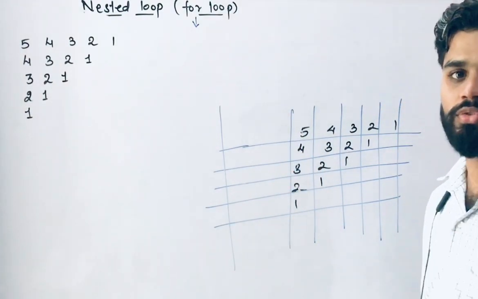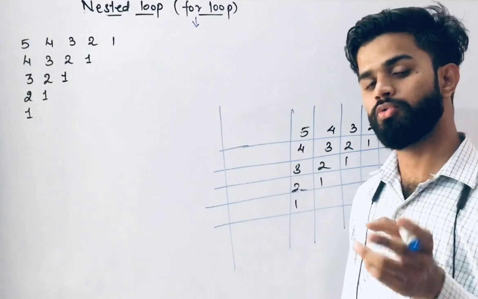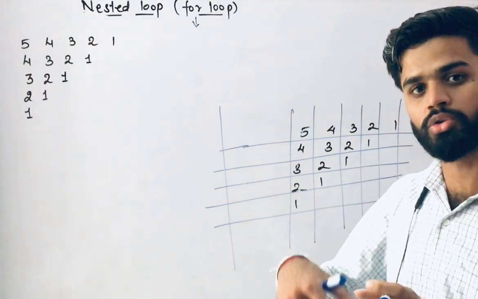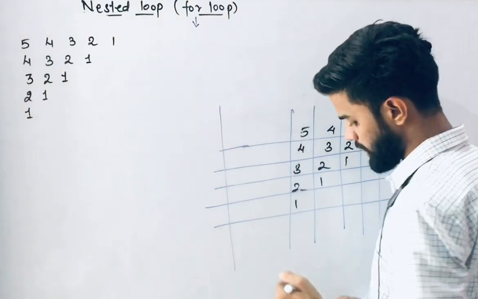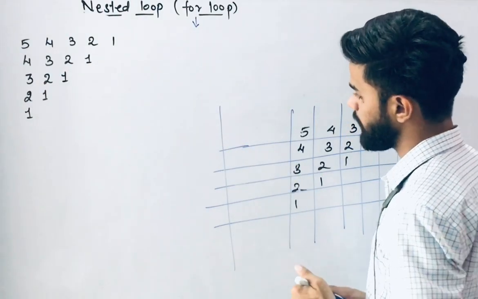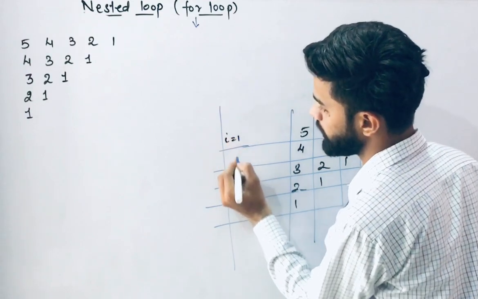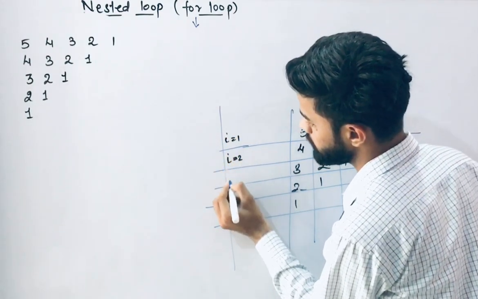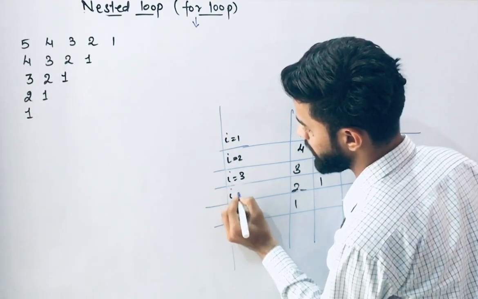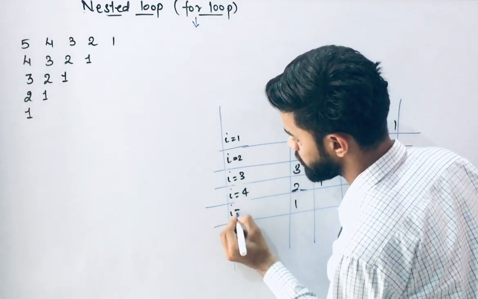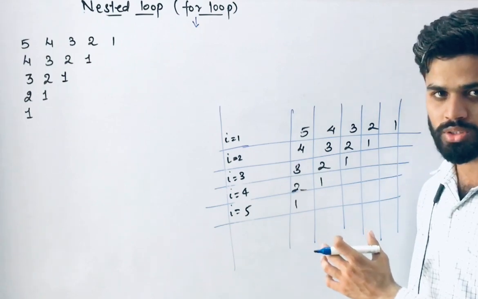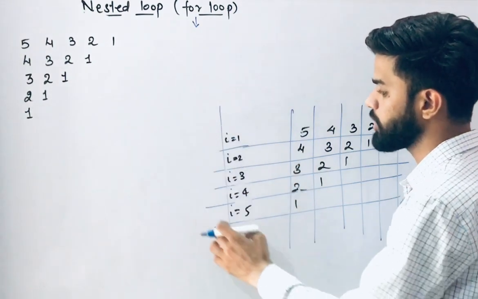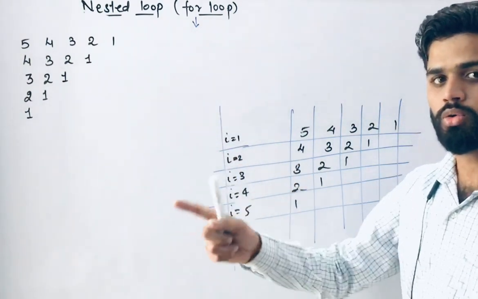So 5 rows means the outer loop runs 5 times, because i equals 1, i equals 2, i equals 3, i equals 4 and i equals 5. For printing 5 rows, we need to run the outer loop 5 times from 1 to 5.